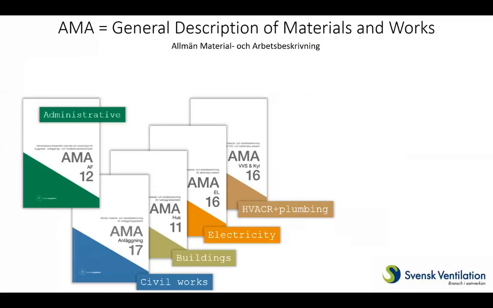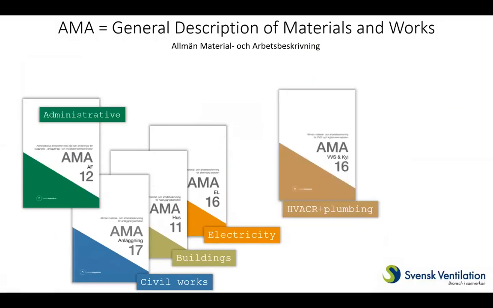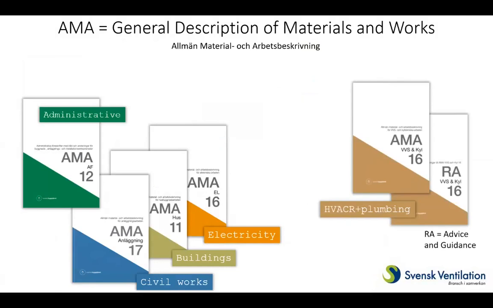There is also another administrative book from ARMA, which has a more overarching role, on how to make different documents and how to organize things. But the one which we are interested in here is the one for ventilation, which is included in this one.